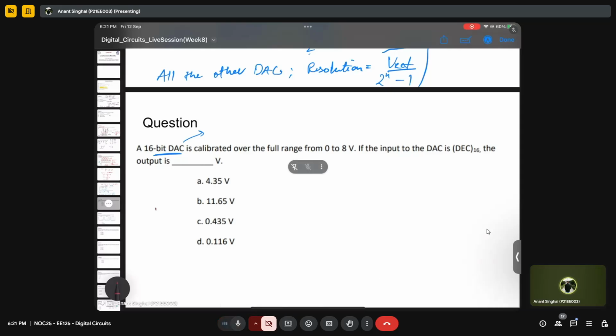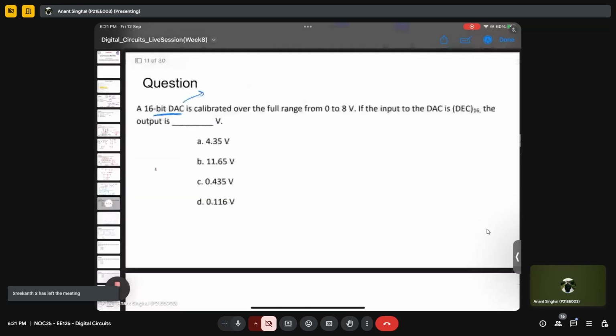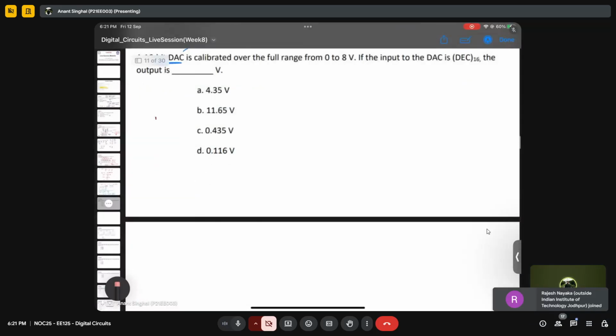So let's do that. We have the input of this DAC, which is given in hexadecimal, so we can convert that. DC to the base 16. Did anyone convert it to decimal? Can you let me know the decimal equivalent of this?